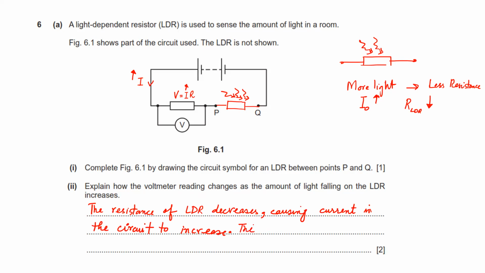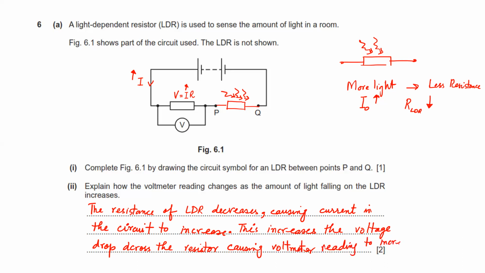This increases the voltage drop across the resistor, causing the voltmeter reading to increase.